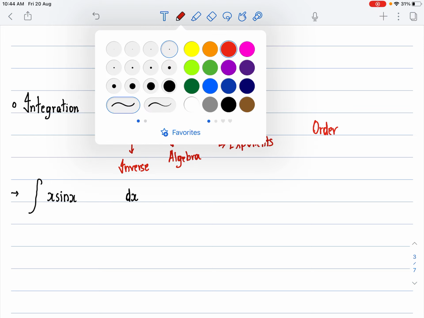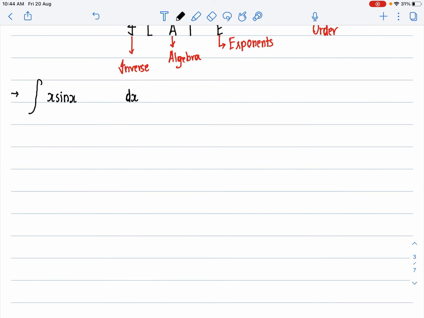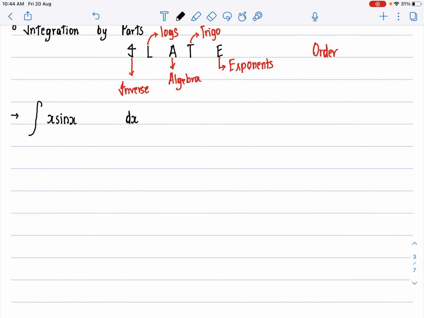Now, let's say I give you a question, which is the integration of x sin x dx. As you can see, you need to use integration by parts because here your x is algebra and your sin x is trigonometry.